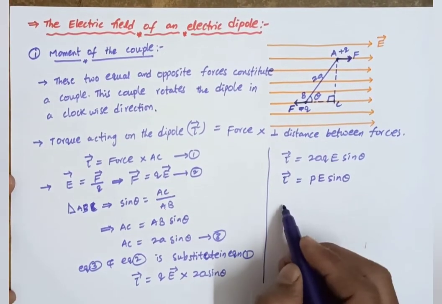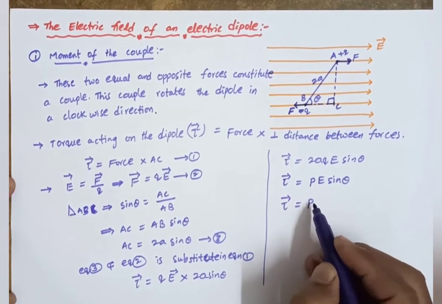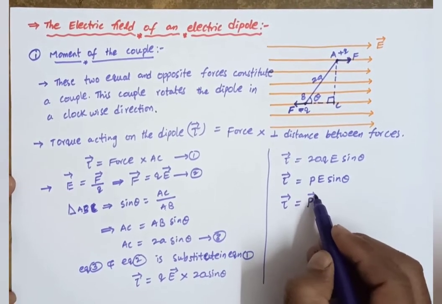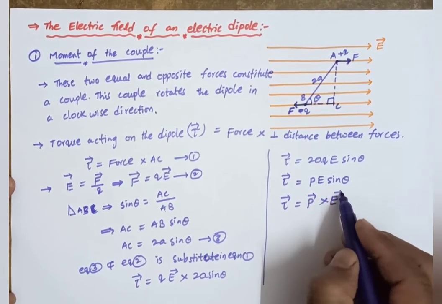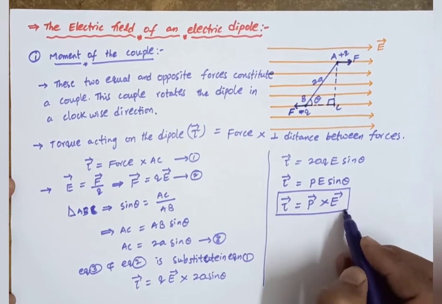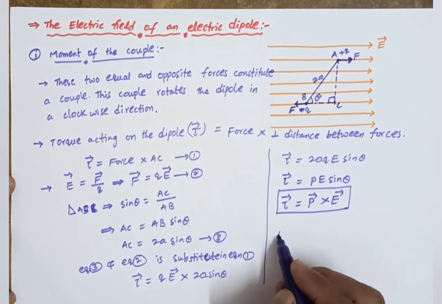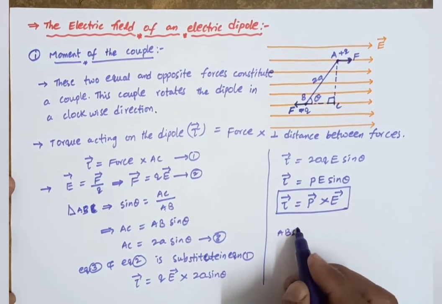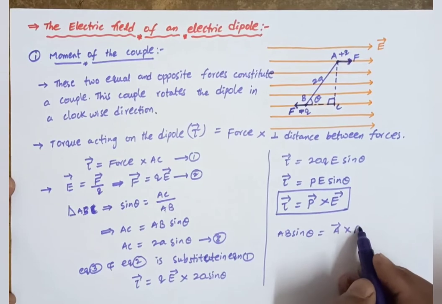So it is also written as tau bar equals P bar cross E bar. Already we learned in the vector product that AB sin theta equals A bar cross B bar.